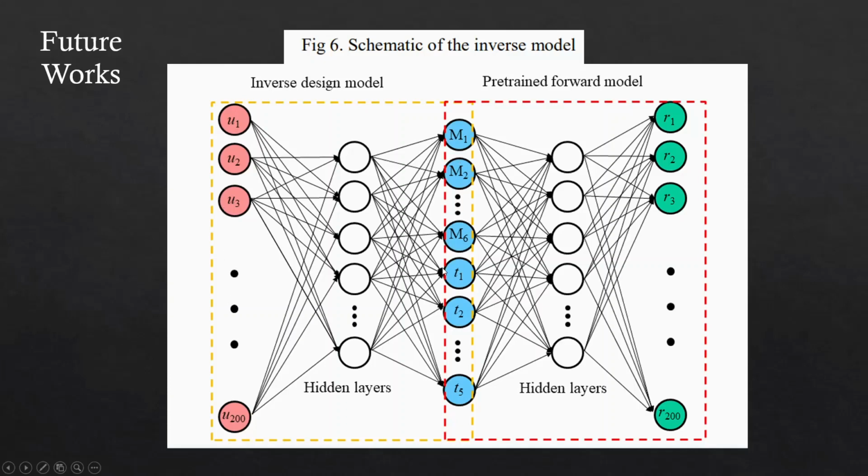So that it can predict the features that correspond to these 200 points, and this will be the inverse model. After that we will use this inverse model because we have a desired spectral, these 200 points.